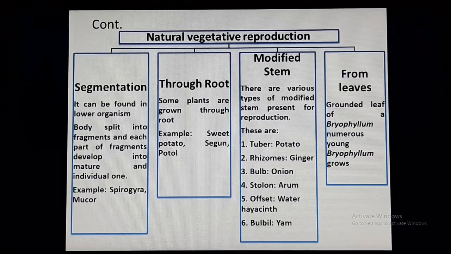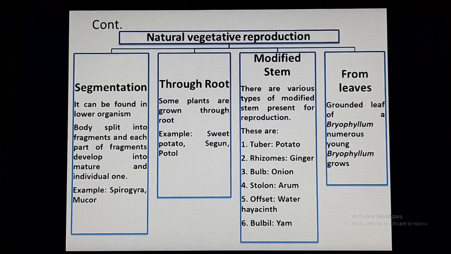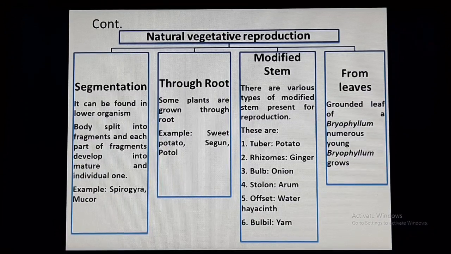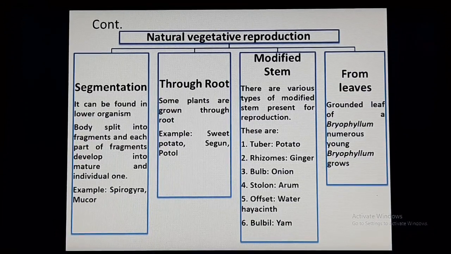Segmentation, basically if we understand the word, segmentation means segmented, divided into various parts. It can be found in lower organisms of plants, basically Spirogyra and mucor. You know, Spirogyra is an alga and mucor is a fungus. So the body splits into fragments, and each fragment develops into a mature individual.